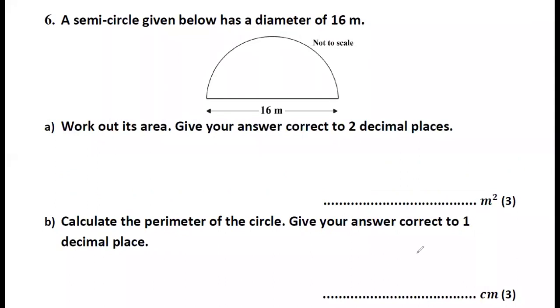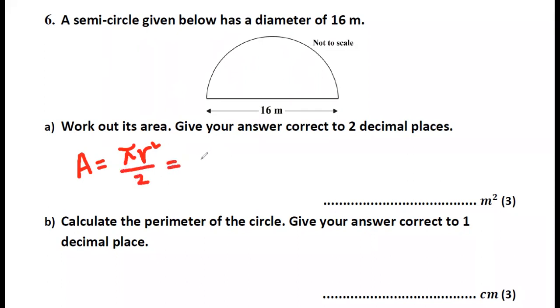Let's move to the next question. It says, a semicircle given below has a diameter of 16 meters. Work out its area. Give your answer correct to 2 decimal places. As we know, to work out the area of a circle, we use the formula pi r squared. As this is a semicircle, which means half of a circle, we'll divide this by 2.